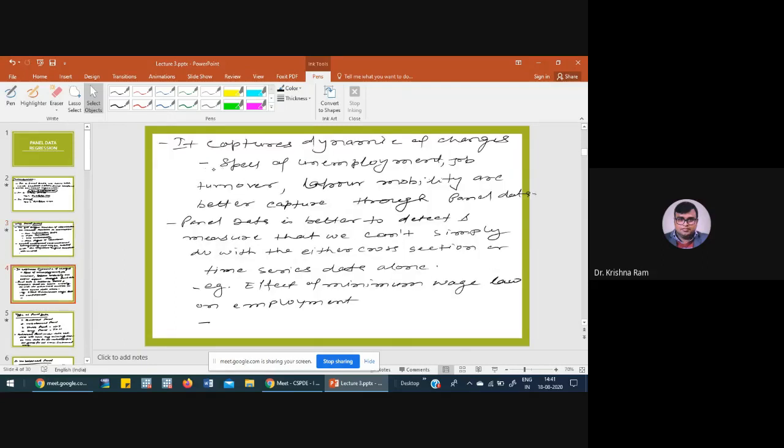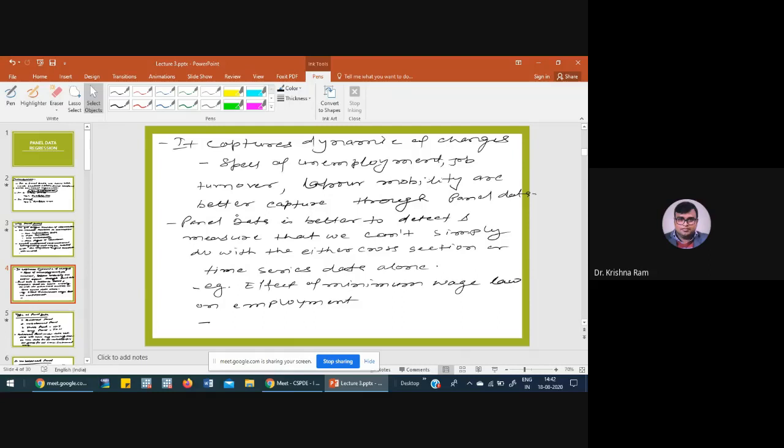The fourth one is that it captures the dynamics of change. If you want to study changes in employment, unemployment, changes in job turnover, labor mobility, these are better captured through panel data.